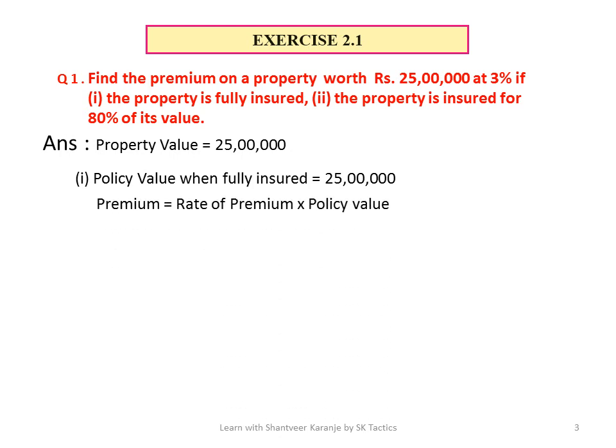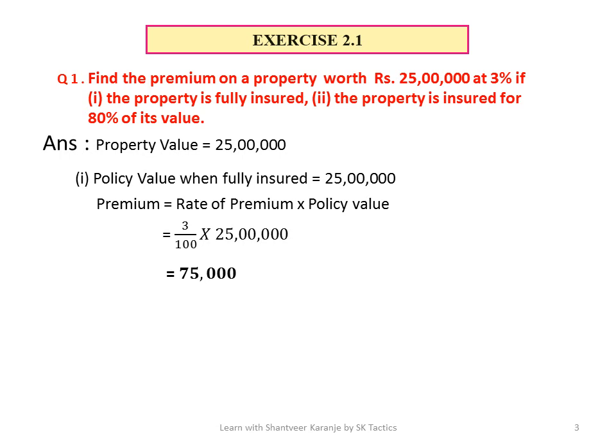Premium has the formula rate of premium into policy value. Rate of premium is given as 3%. So by putting all values, this becomes 3 by 100 into 25 lakh. So the premium when the property is fully insured is 75,000. Only this much we need to do to calculate the first question.